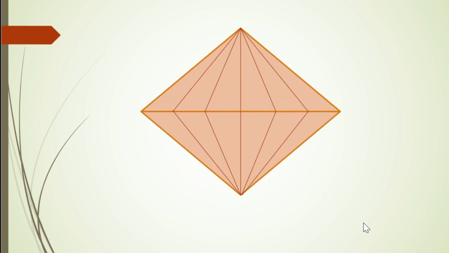The next case, here the upper portion and the lower portion both are identical, so just count for one of those. Now I will be doing this for the upper portion. For the upper portion, with this horizontal line we have 6 triangles. So 6 into 7 divided by 2, again this is 21.